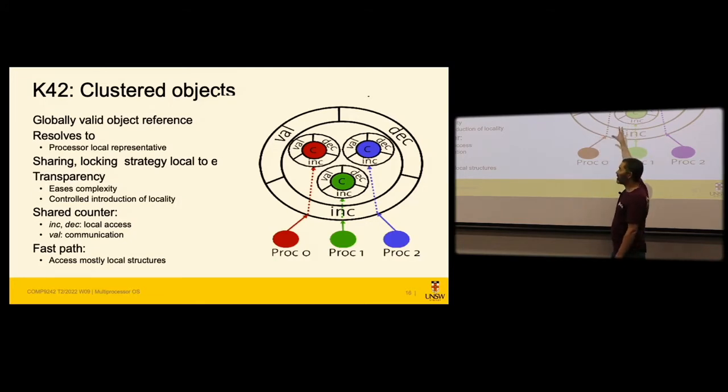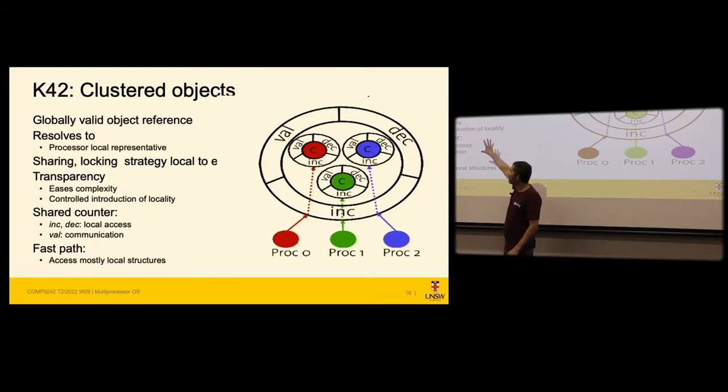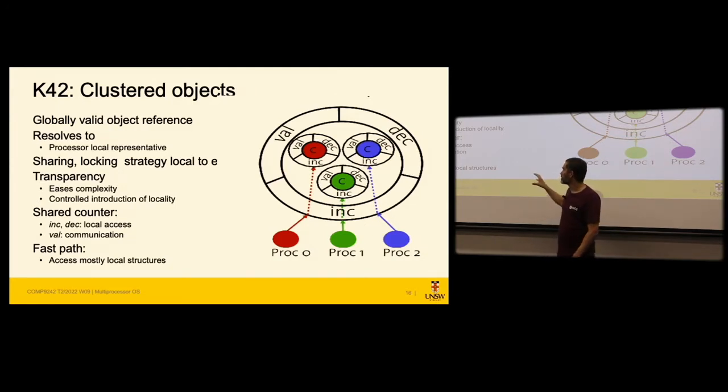They still see it as an object and they're invoking functions on that object, but now the way it works might change if the use case changes. So that's really cool. It gives you transparency. It makes it less complex, but it gives you a lot of control, and it gives you that locality.